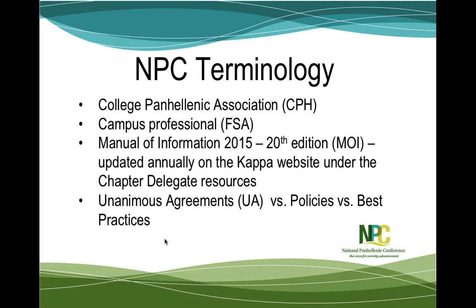We review documents that assess fraternities and sororities in different ways, including awards processes, standards documents, expectations documents, relationship agreements, and so on. And we provide recommendations and feedback about those documents to make sure that they are in alignment with NPC unanimous agreements, policies, best practices, and so on.